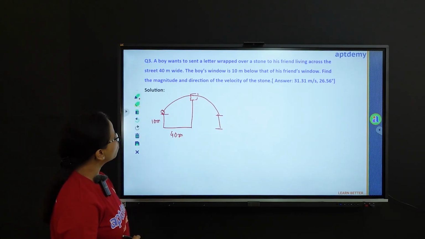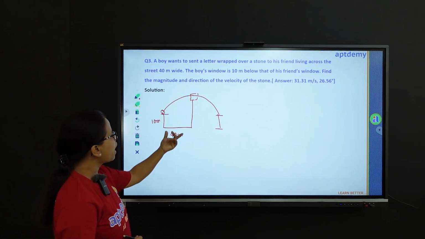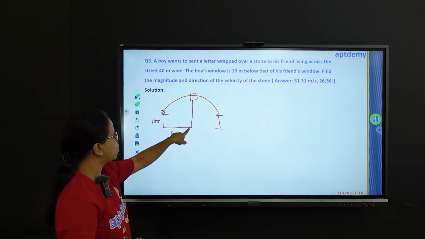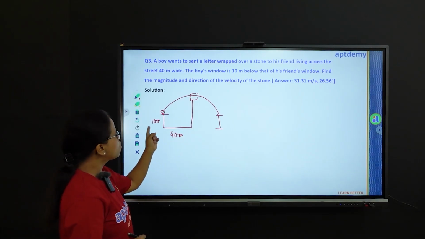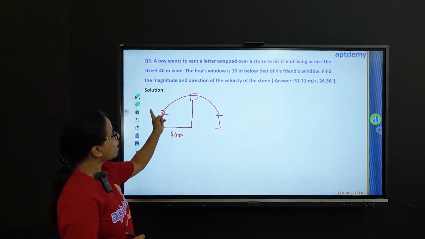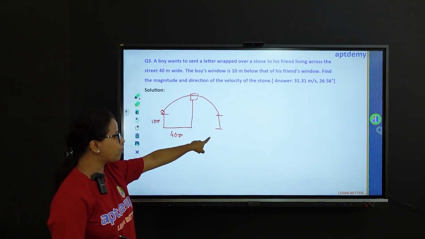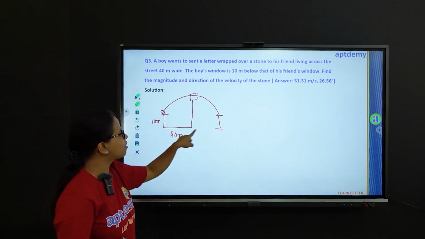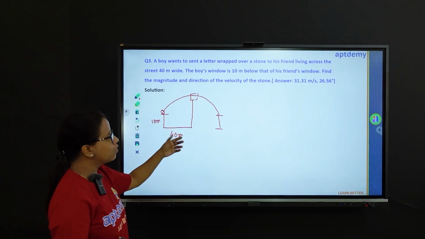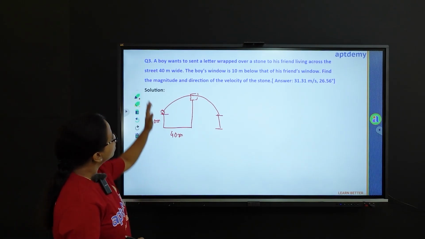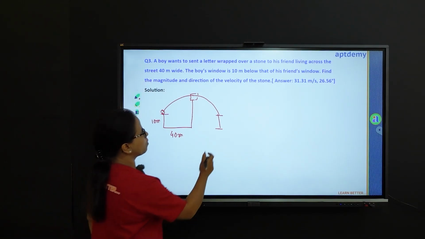Now have a look at this. What is in hand? We have the distance between the boy's window and the girl's window, say this is 40 meters. So what is the distance that the stone actually covers, which is the range of the projectile here? The range is actually 40 into 2, twice this distance. So first, what we get is the range of the projectile.